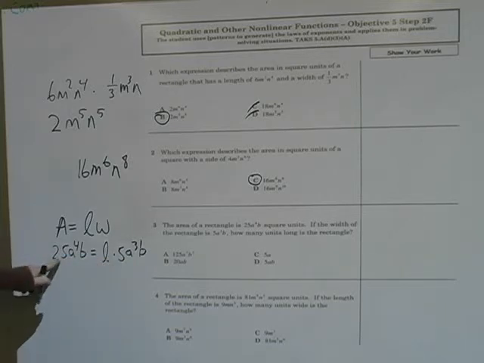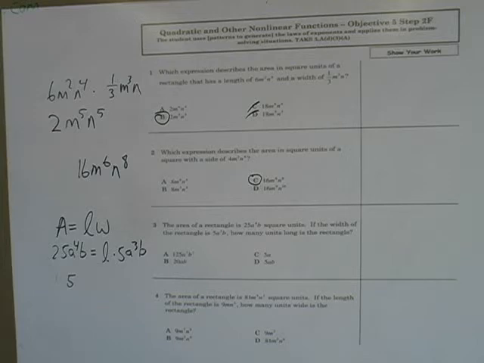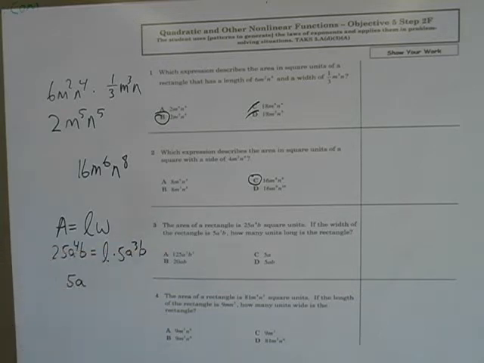So 25 divided by 5 is 5. A to the 4th divided by A to the 3rd. Remember, you subtract exponents. That would be A to the 1st. And then B divided by B. What is anything divided by itself? What's 8 divided by 8? It's just 1. Okay.